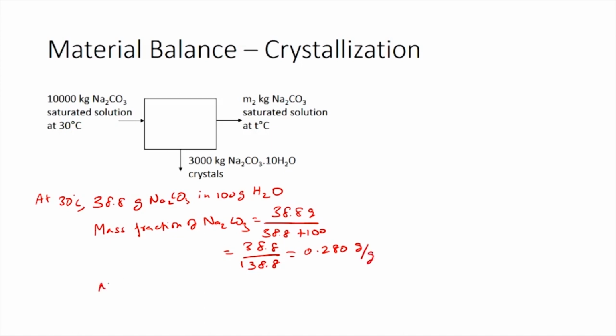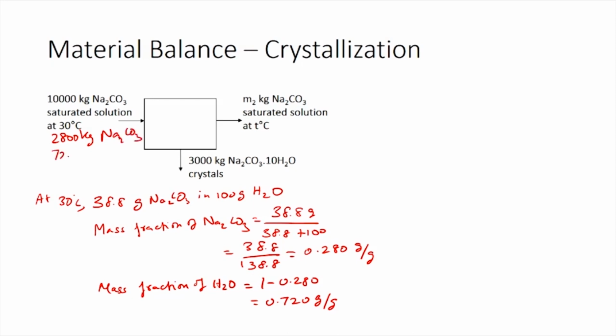So, the mass fraction of water in the solution entering would be 1 minus 0.280, giving you 0.720 grams per gram. So, this means we have 2800 kilograms of Na2CO3 and 7200 kilograms of water entering the system.